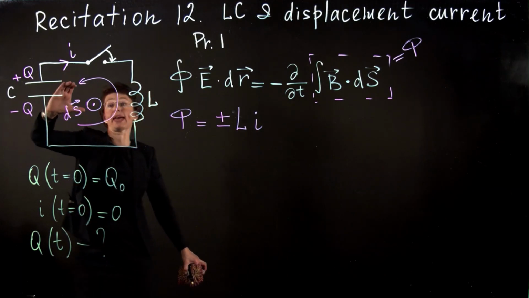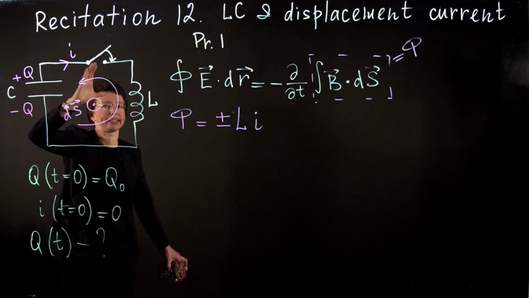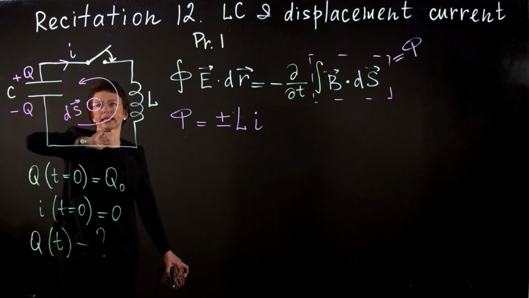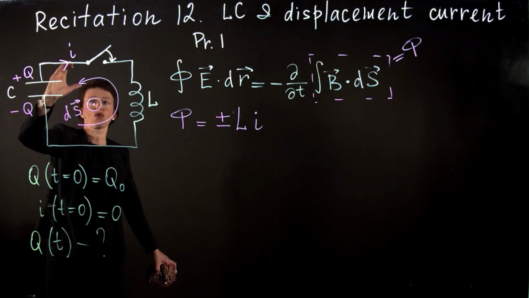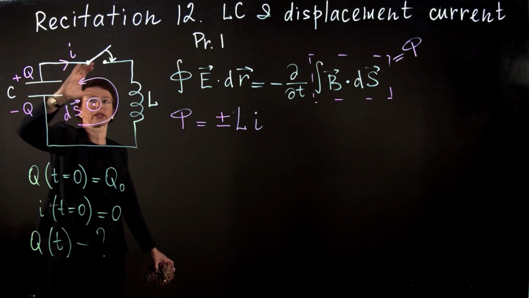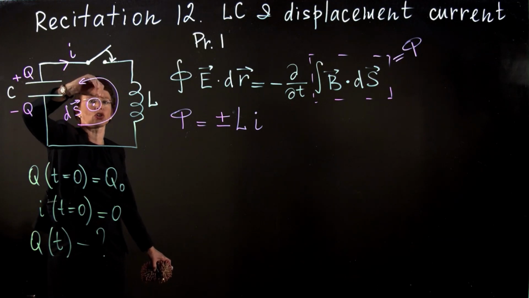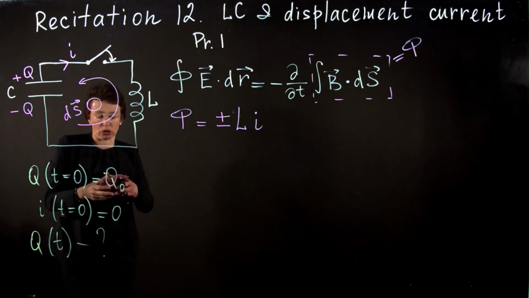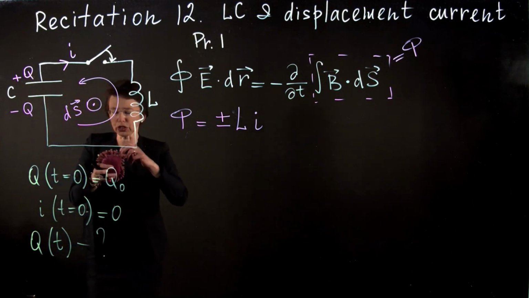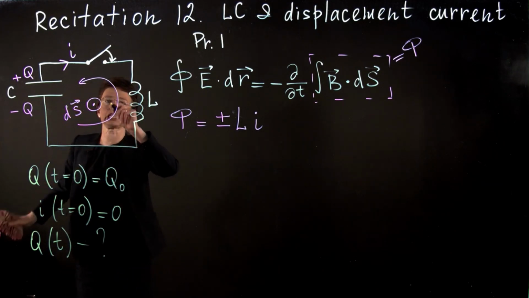Ironically, I use my left hand because you see my mirrored image. You follow the current with your fingers, bending your fingers along the current, and your thumb shows the direction of the magnetic field. So the self-induced magnetic field is into the page.